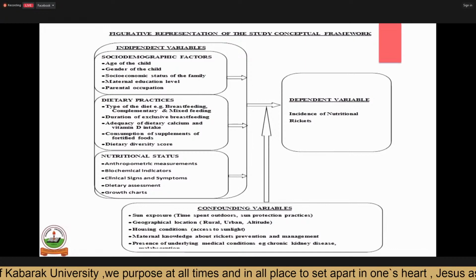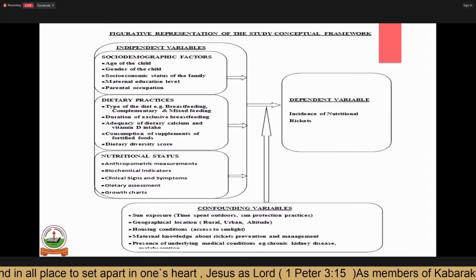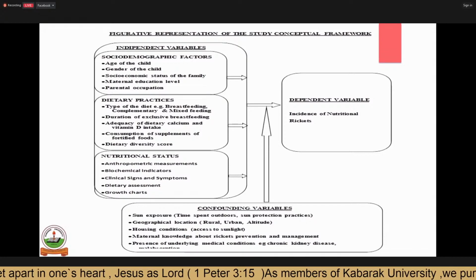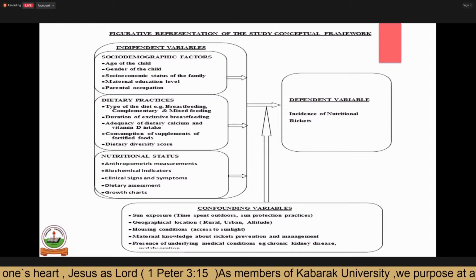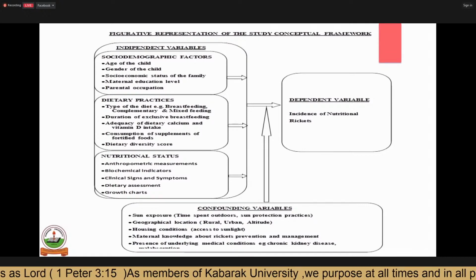All these are the variables that are looking at the third objective: clinical signs, symptoms, assessment, the growth charts, all this will be considered under this objective.